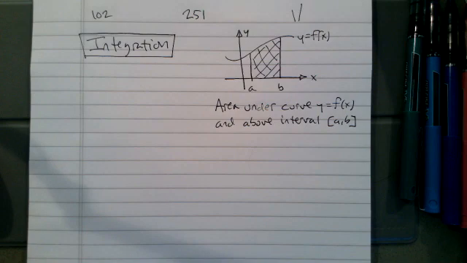So we usually say area under the curve when we want to talk about the area under a curve y equals f of x and above the interval from A to B.